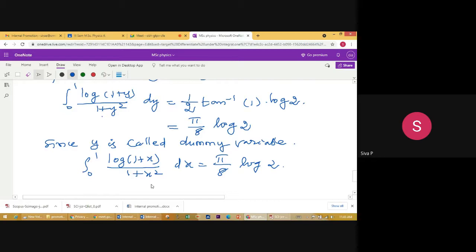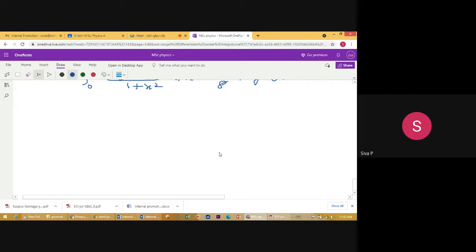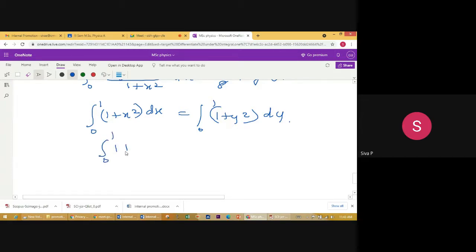For example, in the definite integral from 0 to 1, if you are calculating 1 plus x square dx, that is the integral from 0 to 1 of 1 plus y square dy, or 0 to 1 of 1 plus t square dt. Whatever variable you take, you will get the same answer.